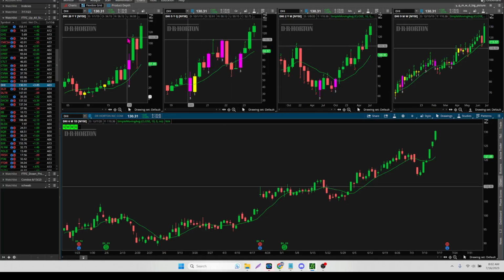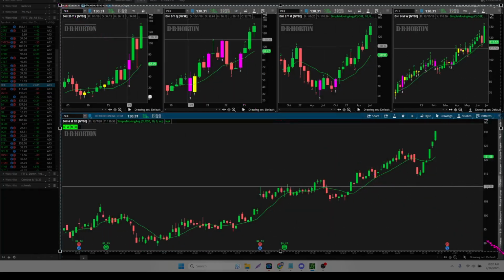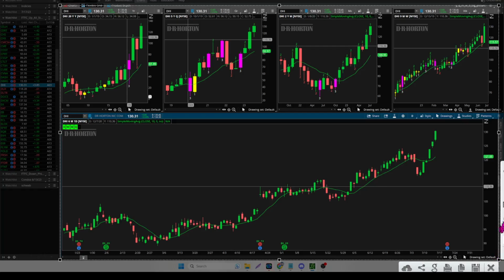So just look at these levels, and something that I've never really pointed out is that with Thinkorswim, you've got this great option that allows you to take a look at how the crosshairs actually synchronize with this entire move. So right there you can see that's where we kind of came into play.